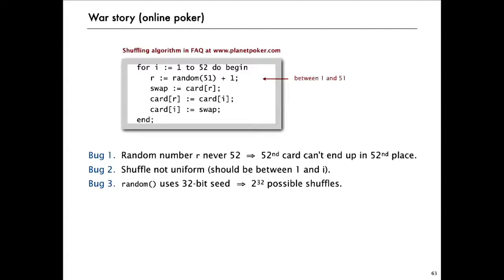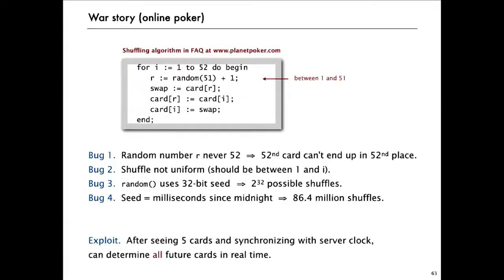Another problem in this implementation is that the random generator uses just a 32-bit seed. If you do that, there are not enough possible shuffles. The number of possible shuffles, if n is 52, is 52 factorial, which is a lot bigger than 2 to the 32nd. So it's not close to random or uniform. The other thing is that the seed is just the number of milliseconds since midnight, and that cuts down the number of shuffles even more.